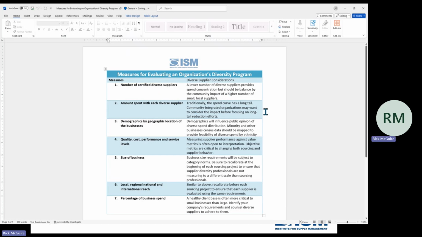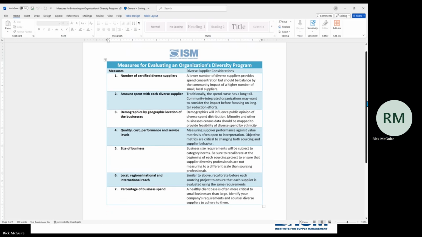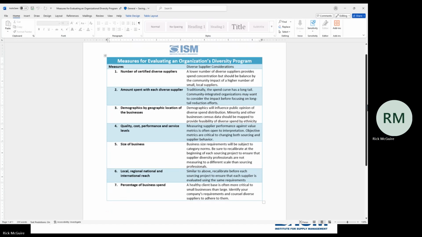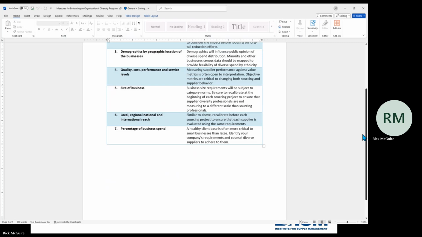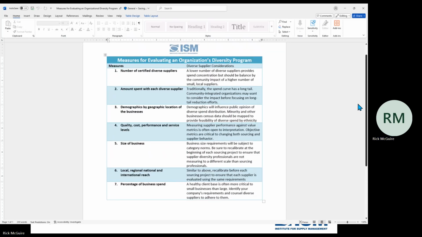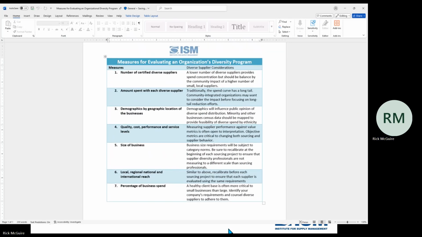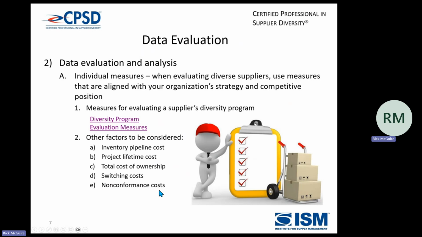Now we covered these, but this is just some more detail on them. I guess that's it. Other factors to be considered: inventory pipeline, what's their cost to carry, project lifetime cost, total cost of ownership, switching costs, non-conformance costs.